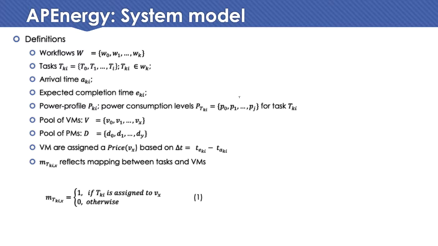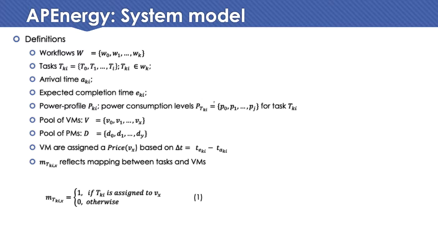Tasks defined in a workflow are assigned to a set of VMs such that only one task is executed per virtual machine. VMs can be gained and released by any task in a workflow. Each VM has a price associated with it, which indicates the cost to execute a task on this VM for a time frame delta t.